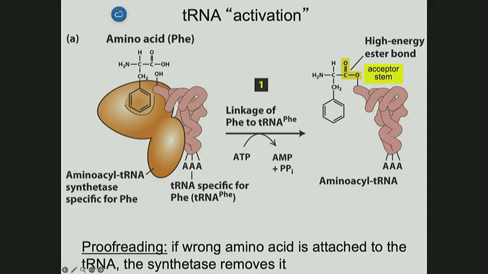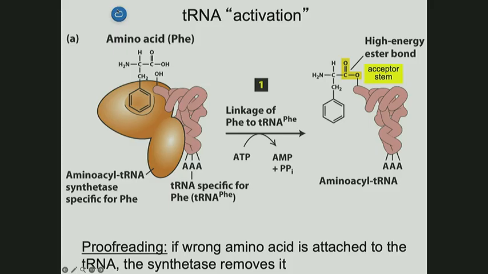They will then be linked together, so the 3' end of that tRNA forms a high-energy ester bond with the amino acid, the carboxyl terminal of the amino acid here.